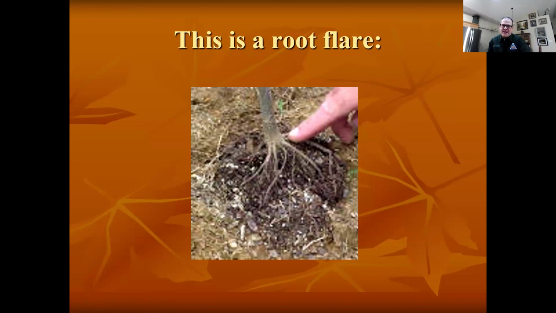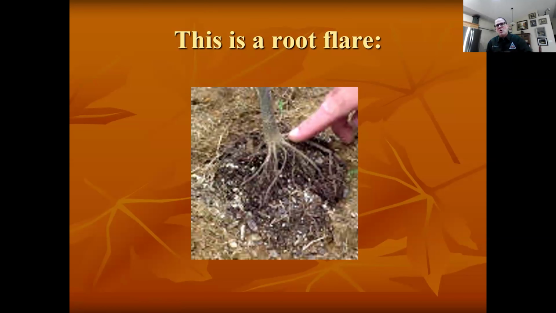And the problem with that is it kills the tree, it compresses the trunk. The roots do so much that no matter how much rain you get or how much you water it, it can't move the water up the trunk because the roots are strangling it, and it dies.